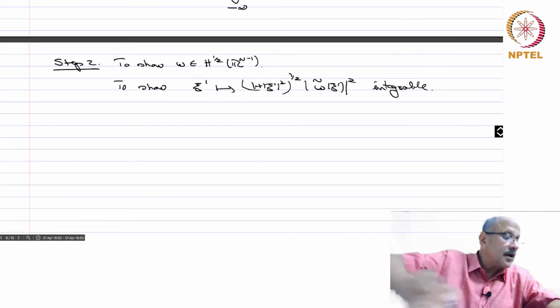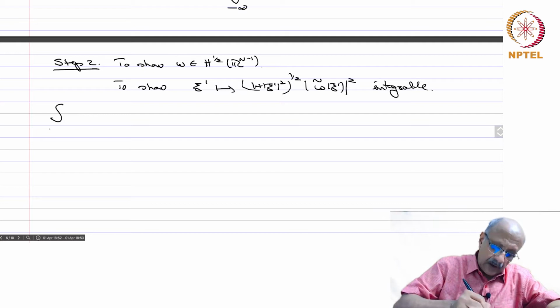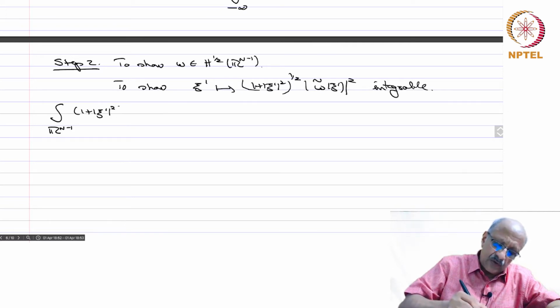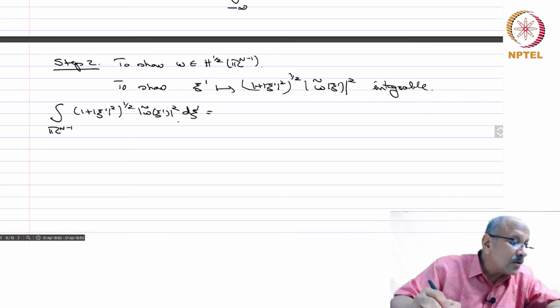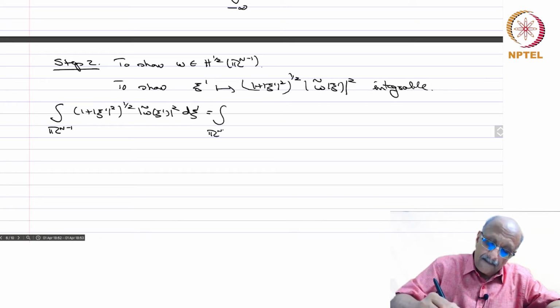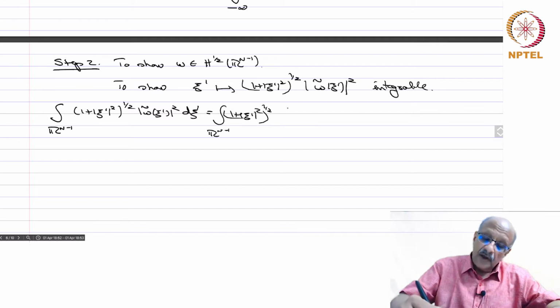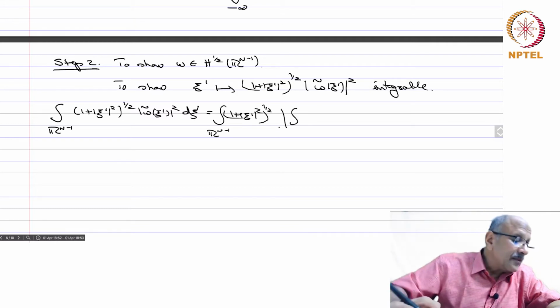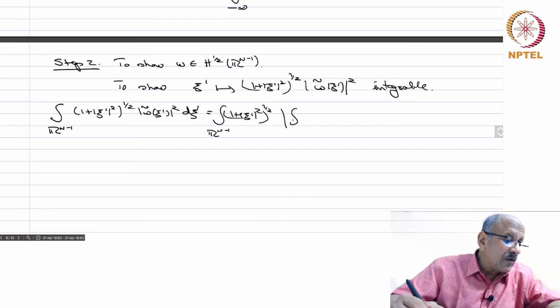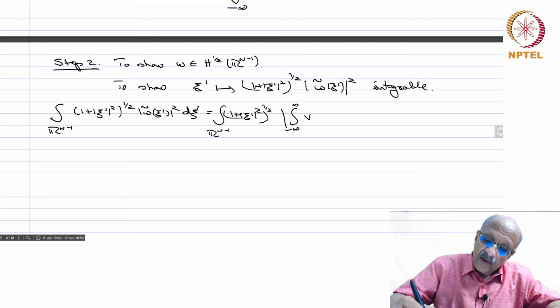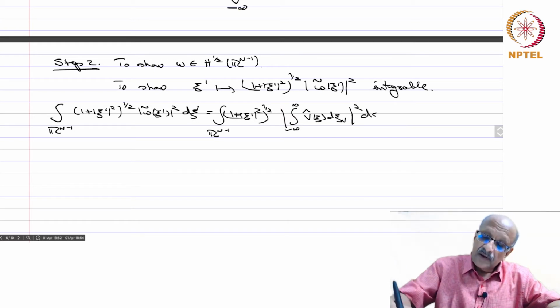Okay, so we just go ahead and try to compute that integral. So the integral over Rn minus 1 of 1 plus mod xi dash square power half, mod W tilde xi dash square d xi dash, that's equal to the integral over Rn minus 1 of 1 plus mod xi dash square power half into mod of the integral from minus infinity to infinity of V hat xi d xi n, square, d xi dash.